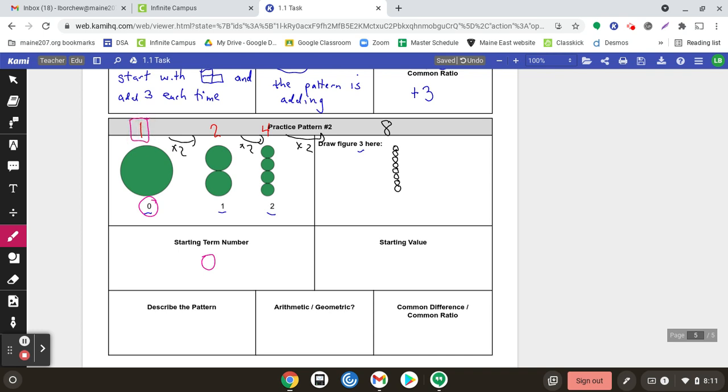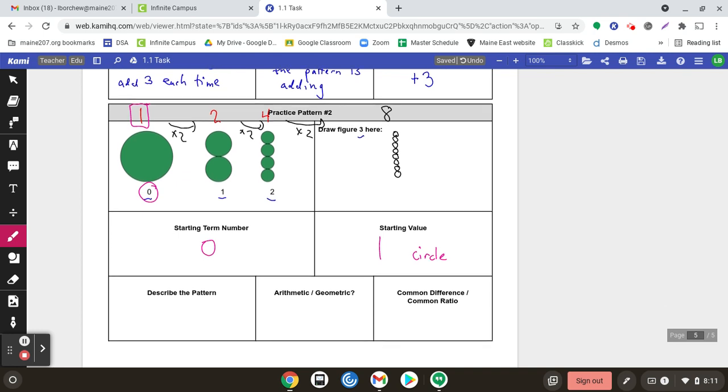Well, we said there was 1 circle in the first picture, so I am going to label it since I know the units. Describing the pattern, I would say we start with 1 circle and we multiply by 2 each time.